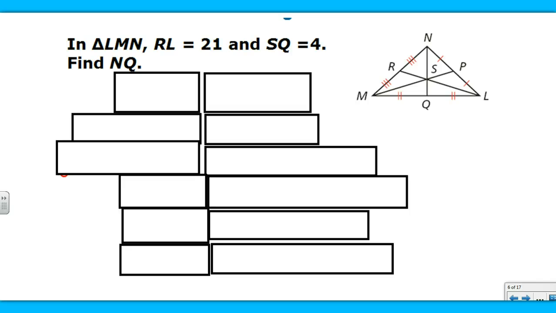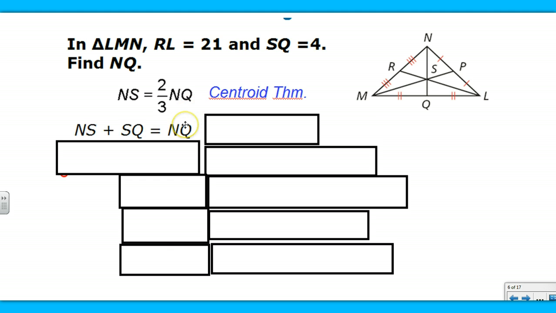In triangle LMN, where RL equals 21 and SQ equals 4, can we find NQ? We need the entire segment NQ. So recall that NS is 2/3 of NQ, which means SQ would be what? That's right, 1/3 of the entire NQ. Okay, so we know that NS is 2/3 of NQ, centroid theorem, and so we can say that NS plus SQ equals the entire length of NQ, and that's the segment addition postulate, right?